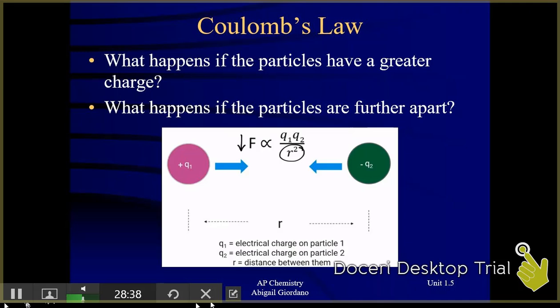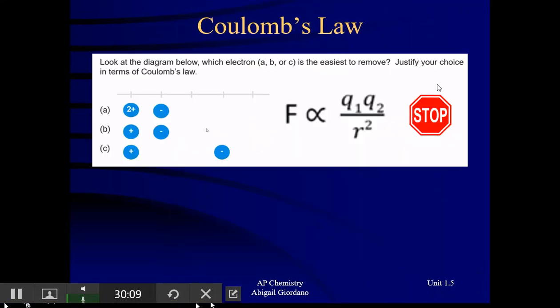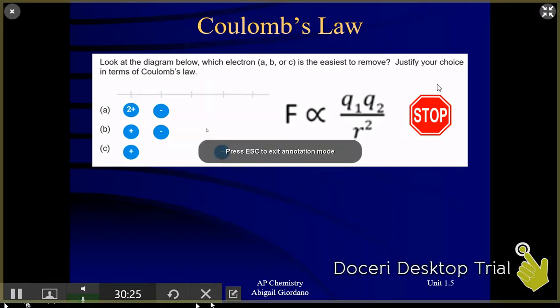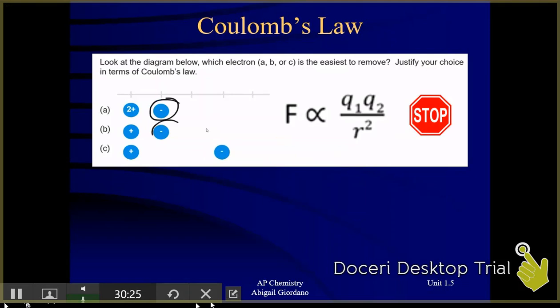So let's look at a sample question. Okay, and again, I stole this from another teacher. Shame on me. All right, it says, look at the diagram below. Sort of a multiple choice question here, kind of. Which electron, A, B, or C? They're asking you to look at this electron, or this electron.